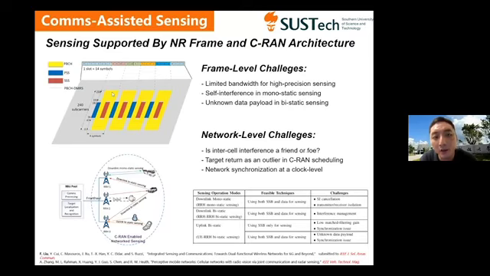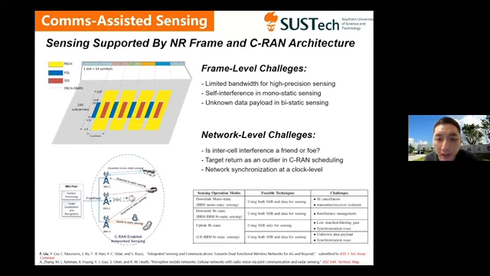This means that when you transmit some signal, even just one OFDM symbol, the echo signal from a target within hundreds of meters will be reflected instantaneously. So this will cause self-interference because you have not finished the transmission.